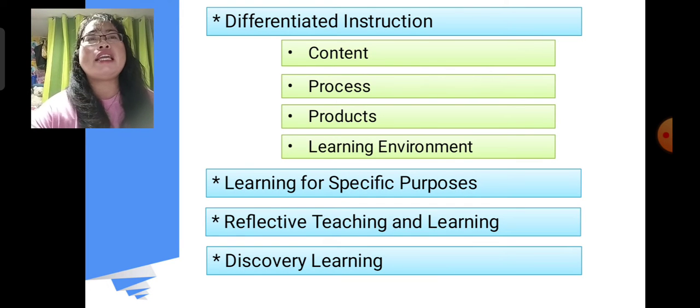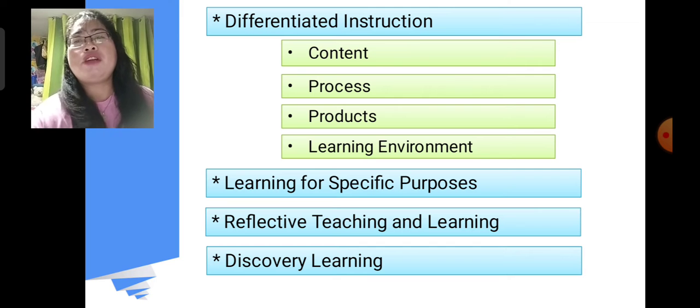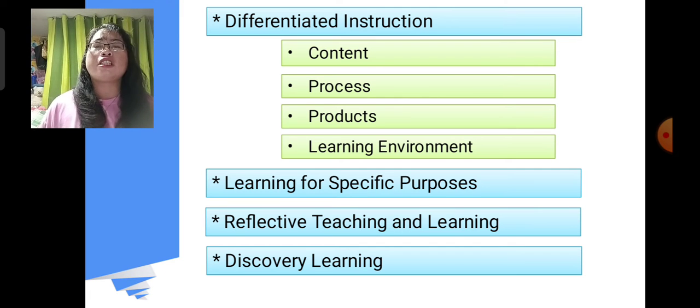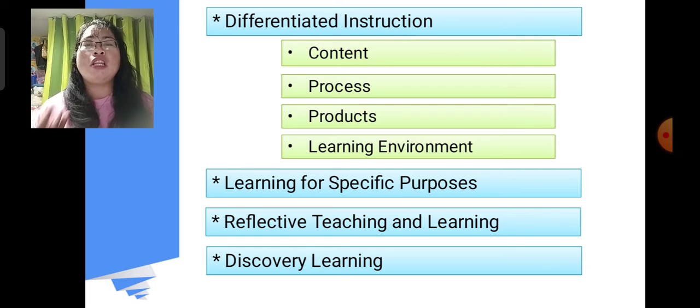Differentiated instruction consists of the efforts of teachers to respond to variance among learners in the classroom. Teachers can differentiate at least four classroom elements based on the student's readiness, interest, and learning profile. The first one is the content: what the student needs to learn or how the student gets access to the information.